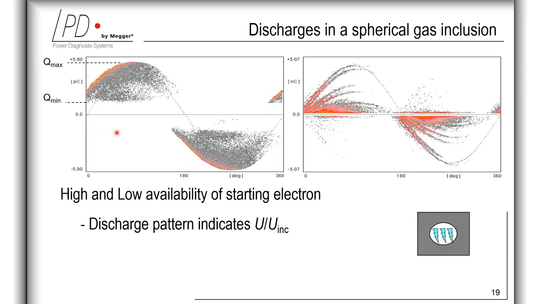And the figure on the left-hand side is showing a pattern of a single void in epoxy resin. And here, this pattern is taken from a void in a polymeric material. Here you can see, compared to the pattern on the left-hand side, lower availability of free electrons.